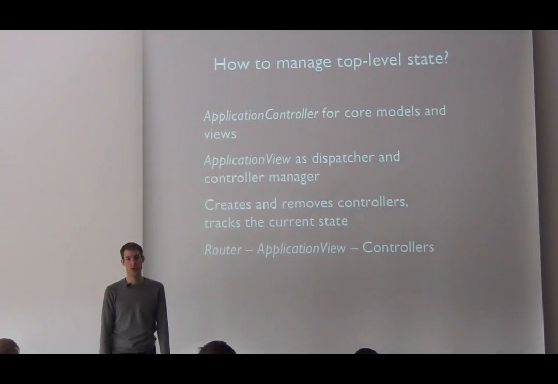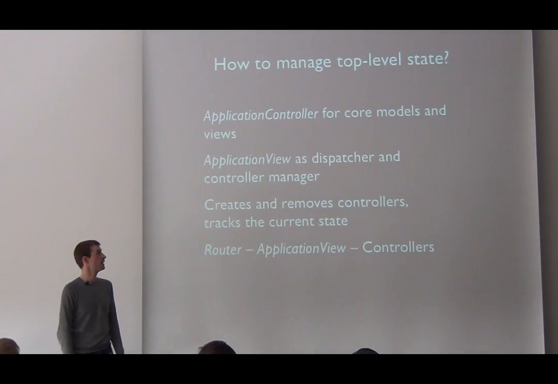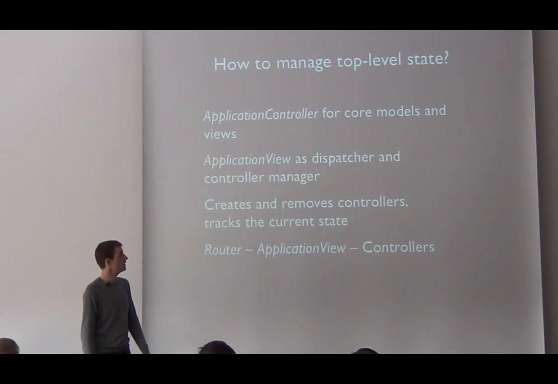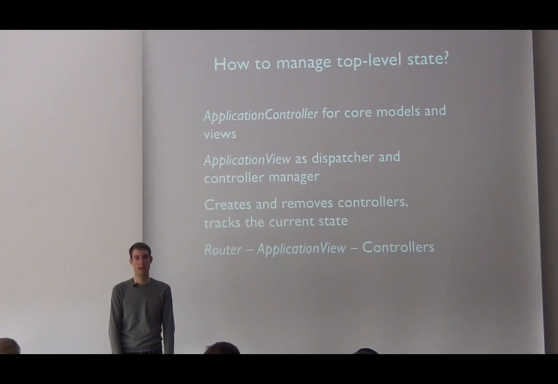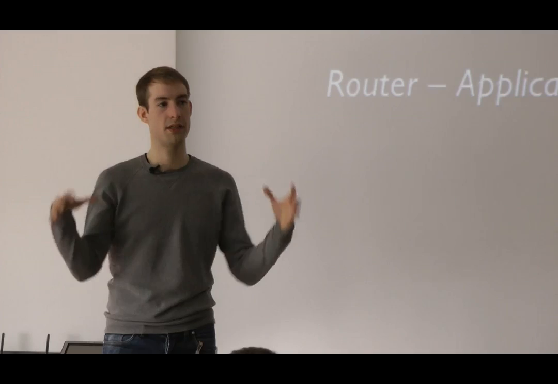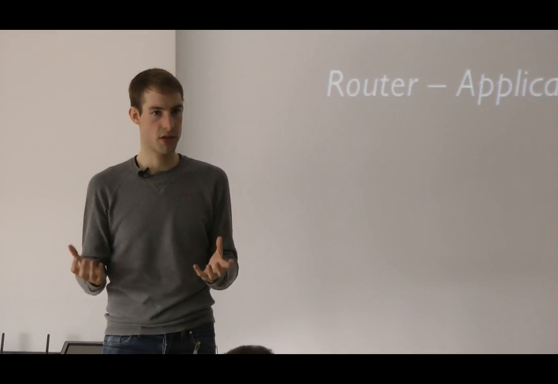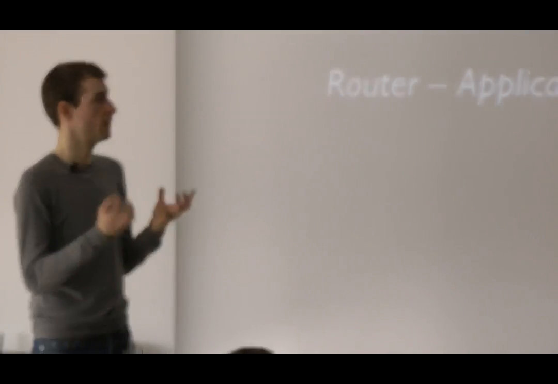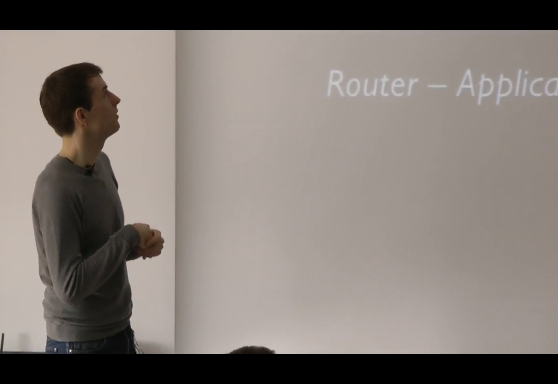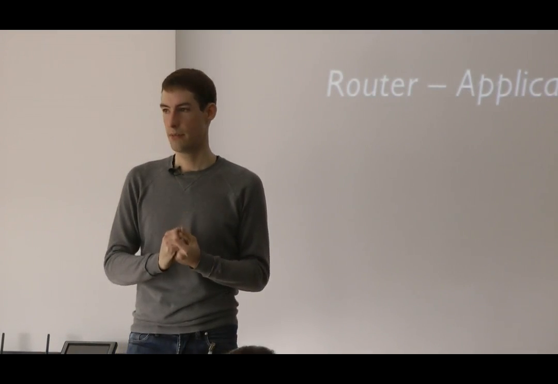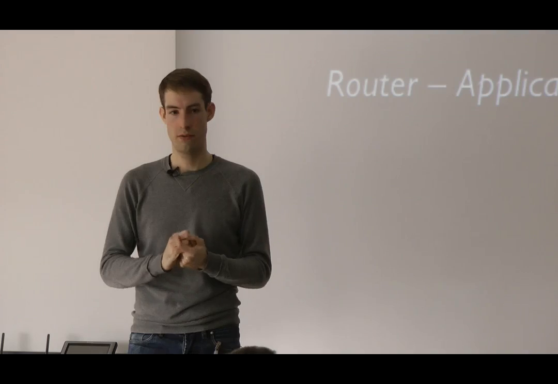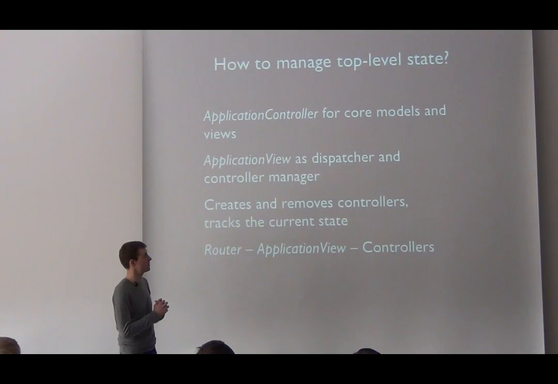Another question which Backbone does not directly deal with is how to manage top-level state. You have to build your own superstructure to manage the individual modules. So what we chose is an application controller.